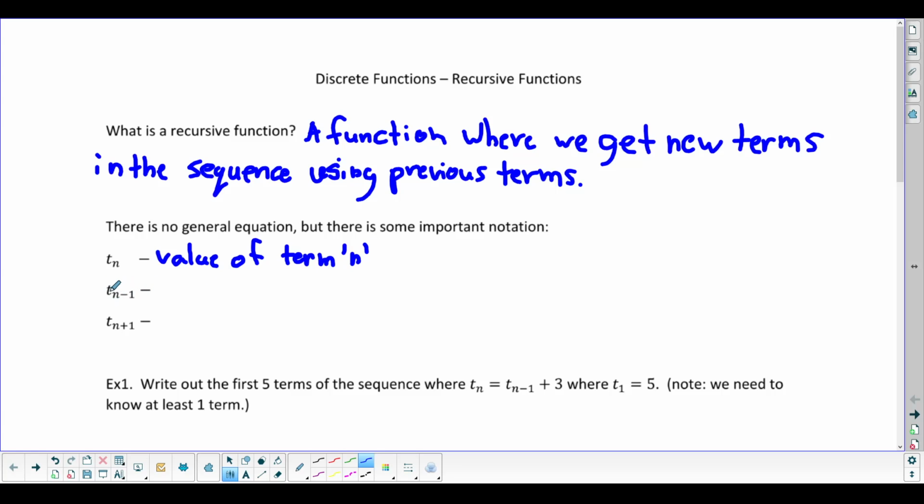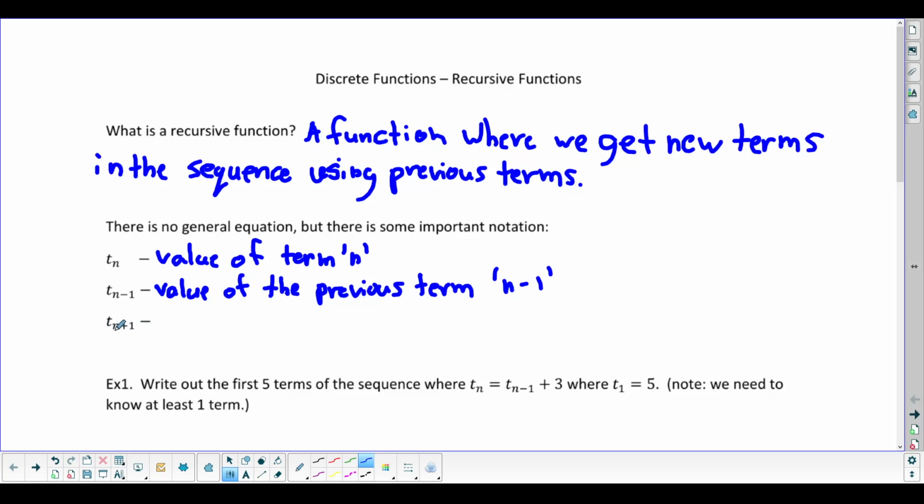Okay, so we have another notation, which is t subscript n minus 1. That's the value of the previous term to term n. So if n was, say, 5, this would be term 5, and this would be term 4, the term before term 5. So it's the value of the previous term, n minus 1.